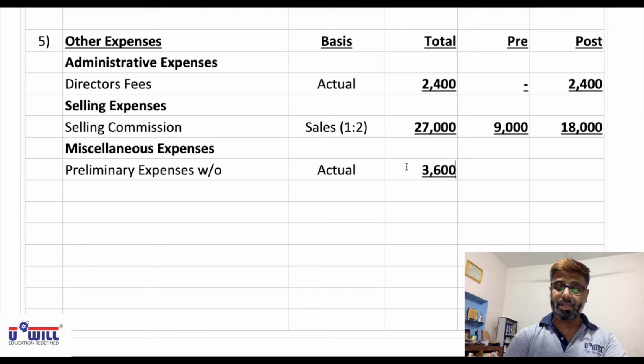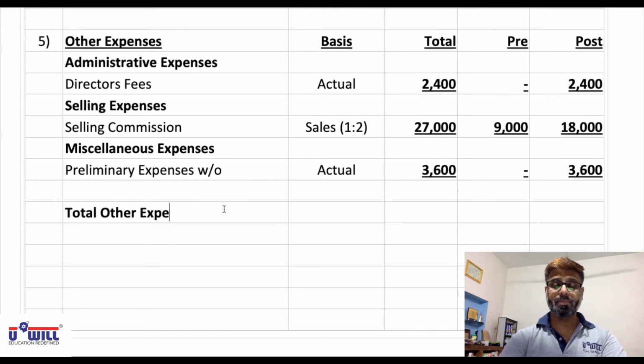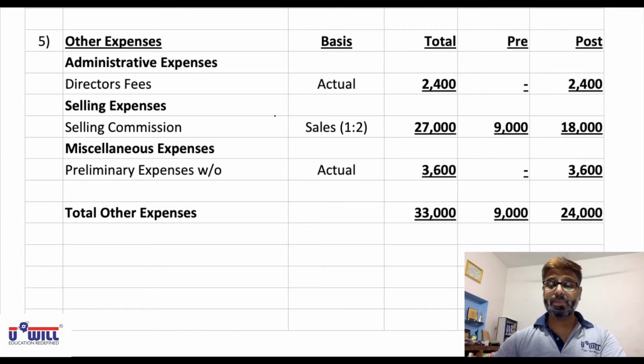The entire 3,600 will go in the post incorporation period. I hope everyone is clear with this. Now the final total of all other expenses: 2,400 plus 27,000 plus 3,600, so 27, 29, 32, 33,000. In that, 9,000 is pre and 18, 20, 23, 24,000 is post. Okay, so these are the total other expenses.